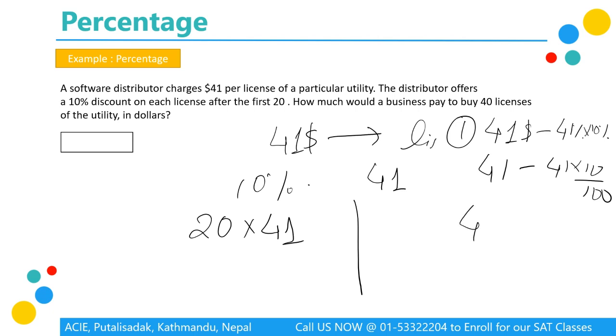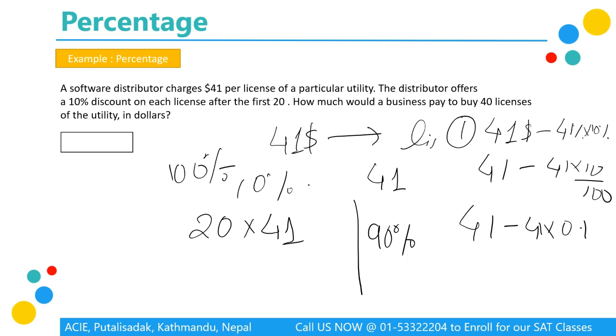And instead of doing 41 minus 41 into 0.1, what we can do is, we know that बाँकी त 90% छ नि त, 100% मा हाम्रो 10% काटेको हो, but that means that the value or the charge that we'll take is 90% of the actual price.